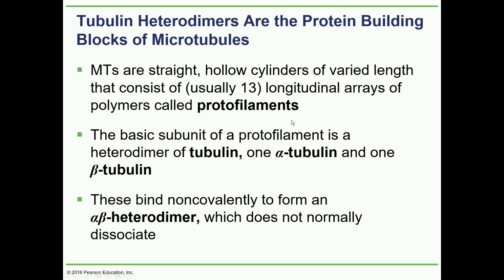Microtubules are basically straight hollow cylinders, as I just showed you. They consist of usually 13 longitudinal arrays of polymers called protofilaments. The basic subunit of a protofilament is a heterodimer of tubulin, one alpha tubulin and one beta tubulin, and these bind non-covalently to form the alpha-beta heterodimer.